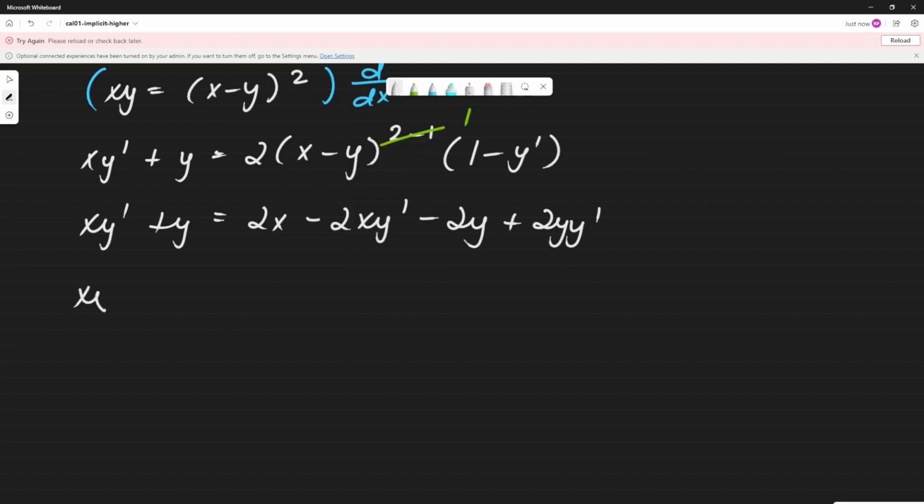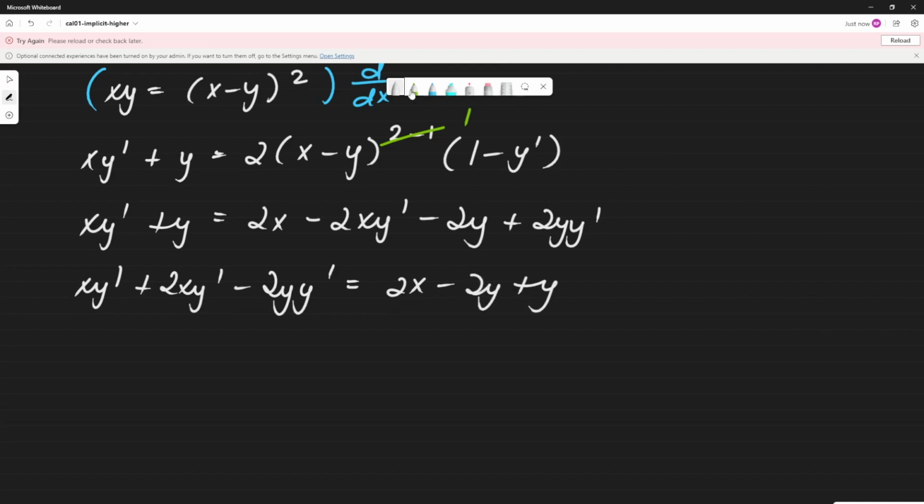So we will have xy prime plus 2xy prime minus 2y y prime is equal to 2x minus 2y plus y. Which actually, negative 2y plus y is equal to negative y.